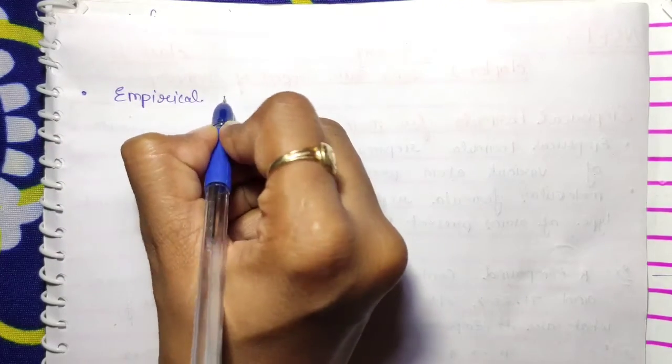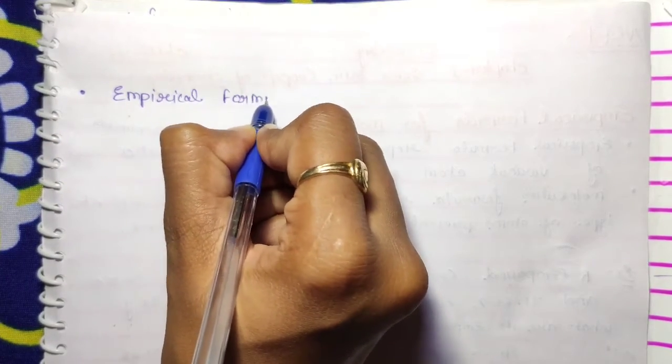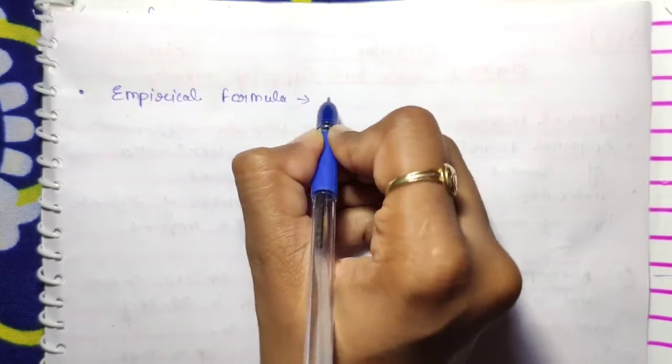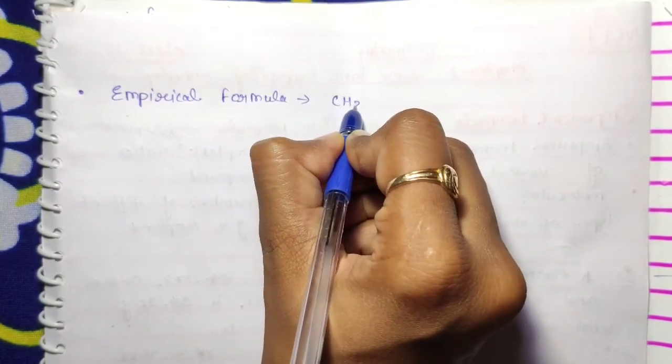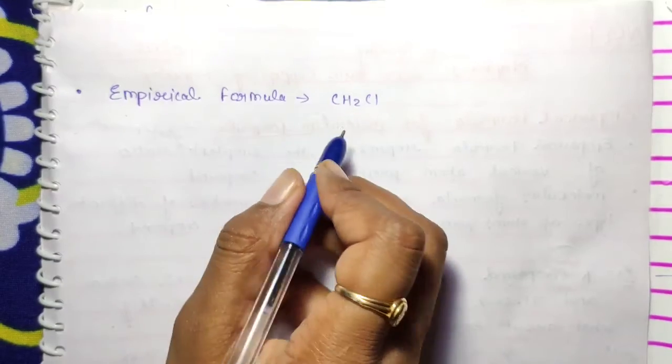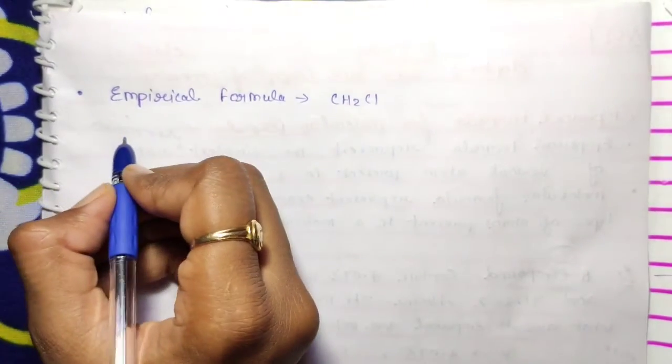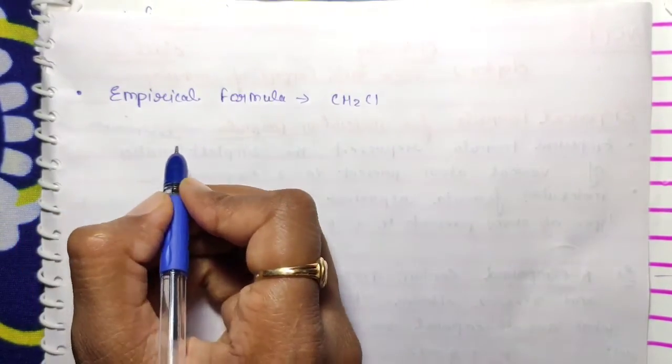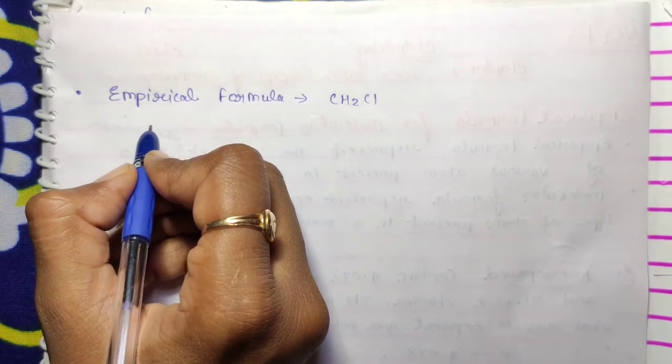After getting empirical formula, how will we get molecular formula? What is empirical formula? We get CH2Cl. What is the empirical mass? We can calculate empirical mass.